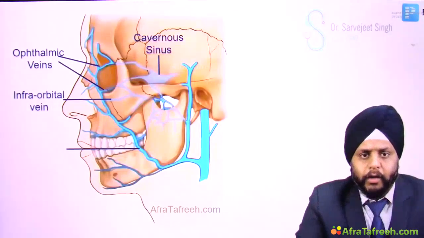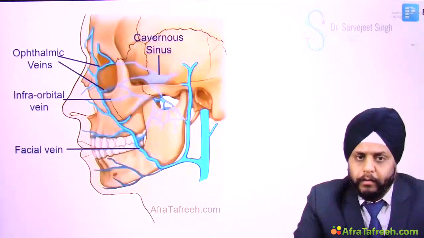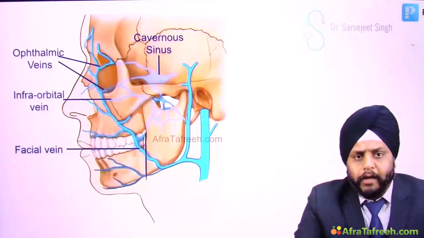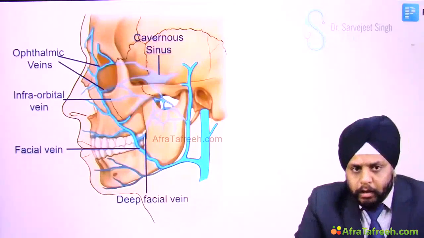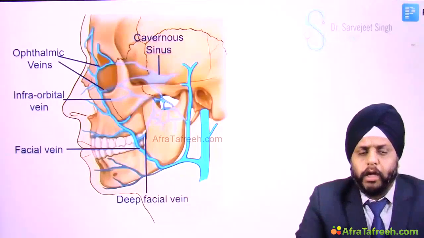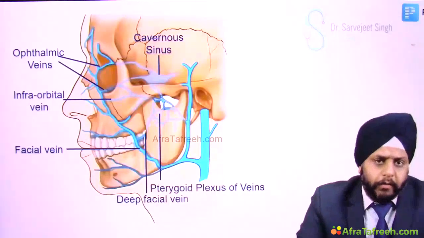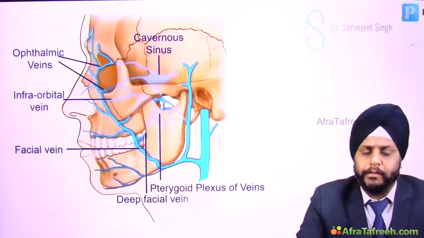Okay. What else can we see? You can see all these veins combining together and coming down as the facial vein. This facial vein, if you notice, has a deep connecting vein known as the deep facial vein, which connects the facial vein to the pterygoid plexus of veins. This pterygoid plexus is also in communication with the cavernous sinus.